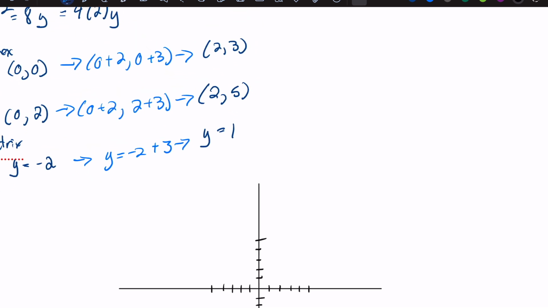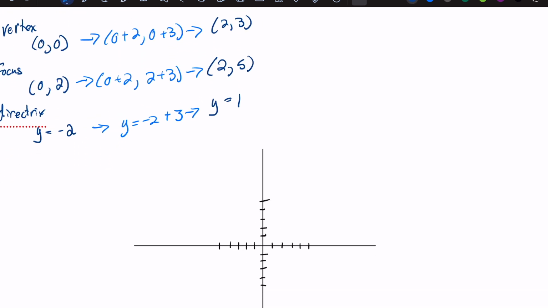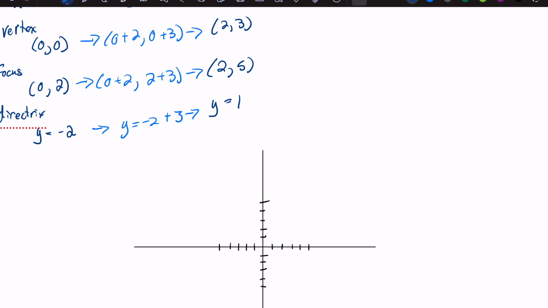So where is our vertex? Our vertex is at (2, 3). So over 2, and up 1, 2, and 3. Here we are at (2, 3), so we'll mark that. Our focus is up 2 from there, so this is at (2, 5).